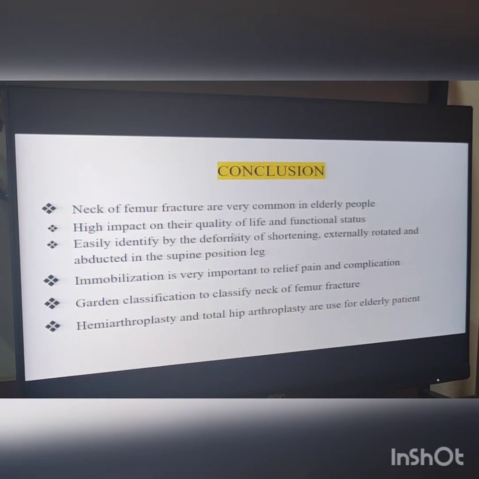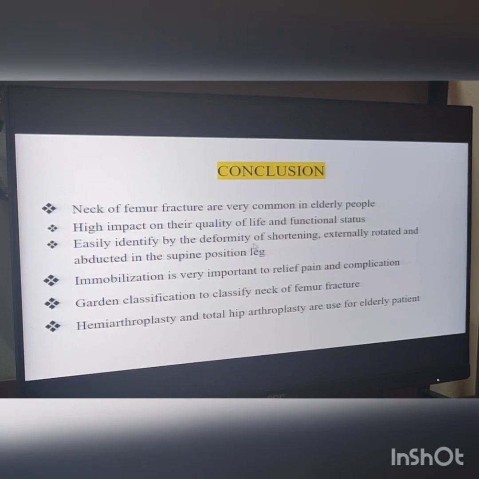They cannot walk, they will lie down, the family will put them in one room, and no one takes care of them. Then the patient can develop dementia, infection, bed sore, or aspiration pneumonia. That's the quality of life and functional status.